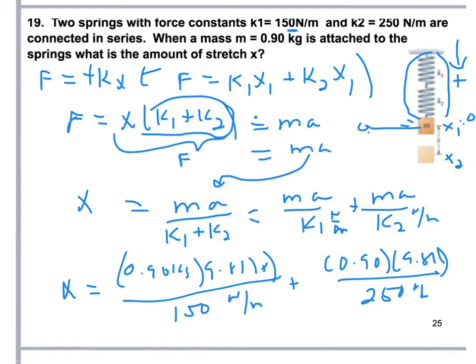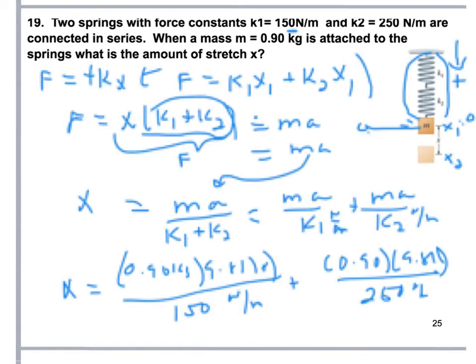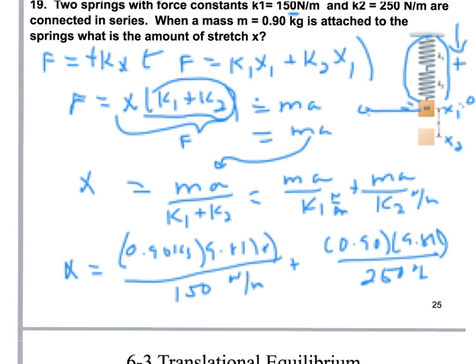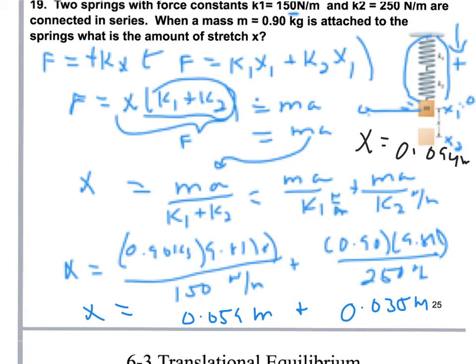Now that we have it this way, we can eliminate a lot of our units, and we wind up with our calculation: x equals 0.059 meters plus 0.035 meters, for a value of x equals 0.094 meters.